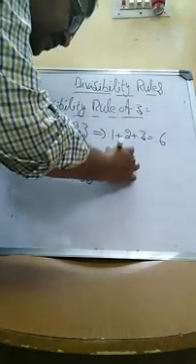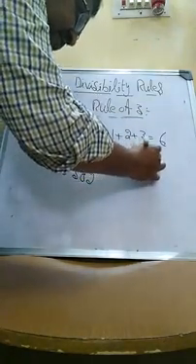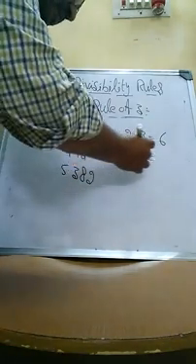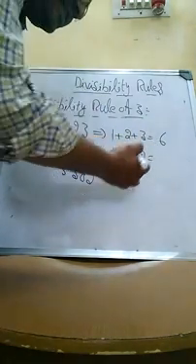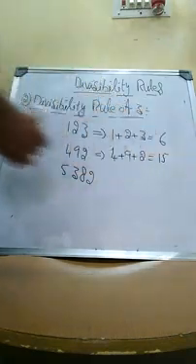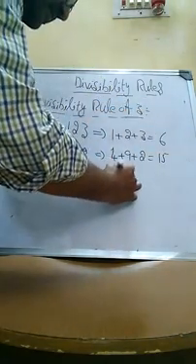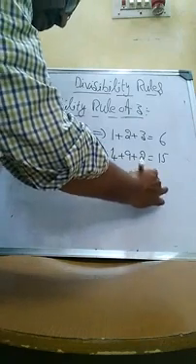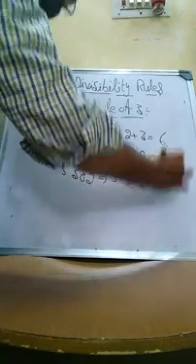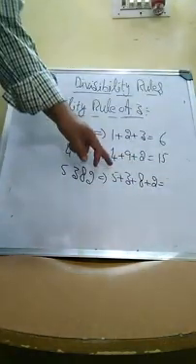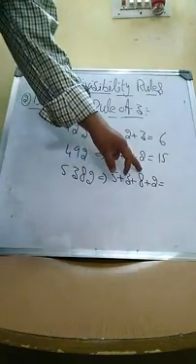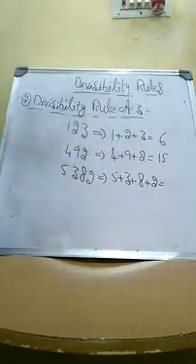Here 4 plus 9 plus 2 is equal to 4 plus 9 is 13, 13 plus 2 is 15. And the next, 5 plus 3 plus 8 plus 2. So 5 plus 3 is 8, 8 plus 8 is 16, 16 plus 2 is 18.